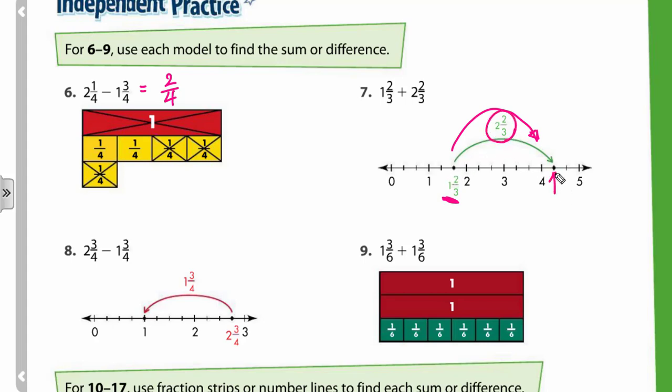What is this place? This place is 4, and how many thirds? 2/3, this is the second. This is after 4 directly, 3/3. What? 1/3. So the answer is 4 and 1/3. Okay, thank you, my hero.